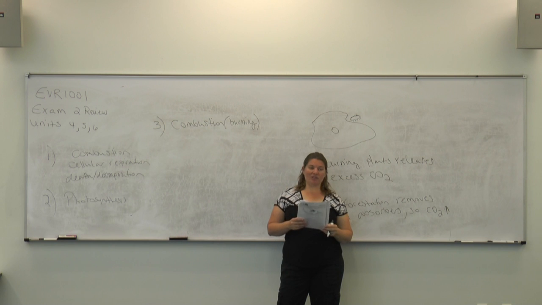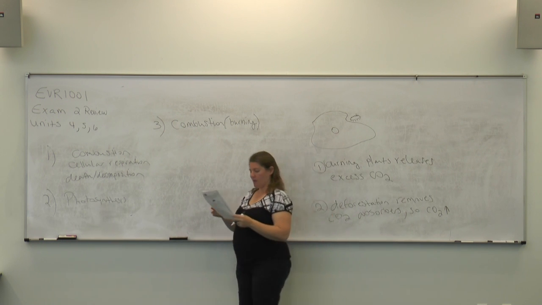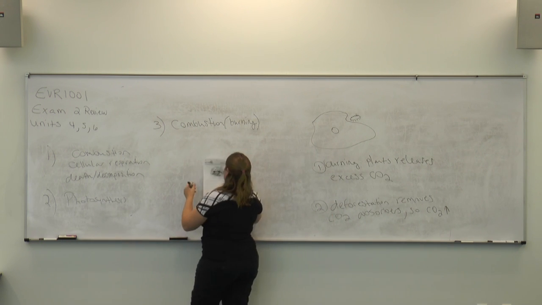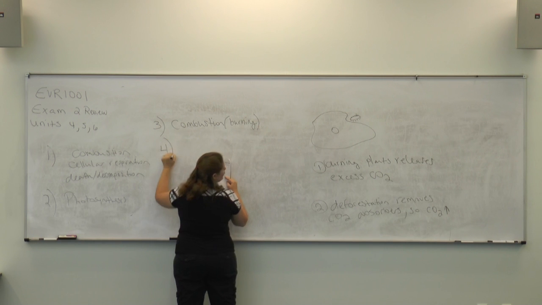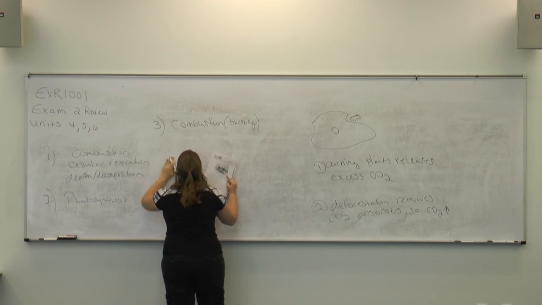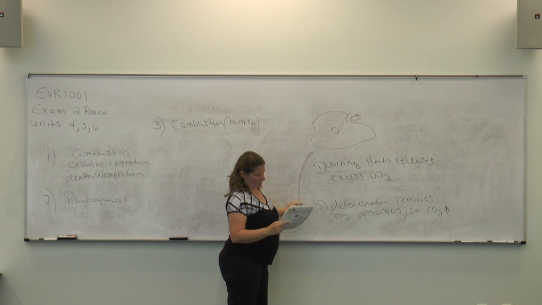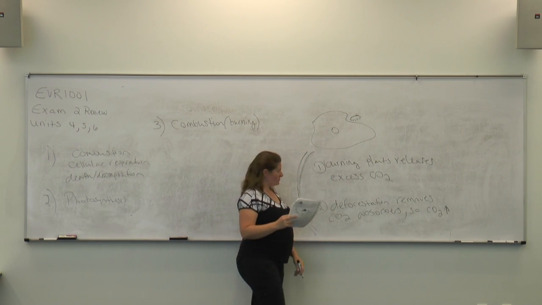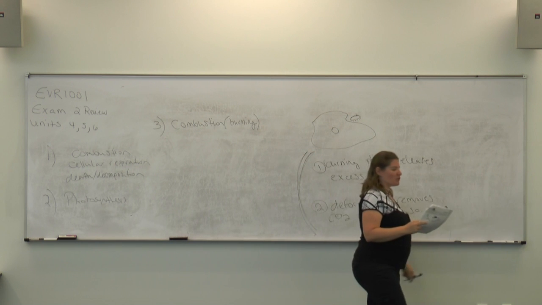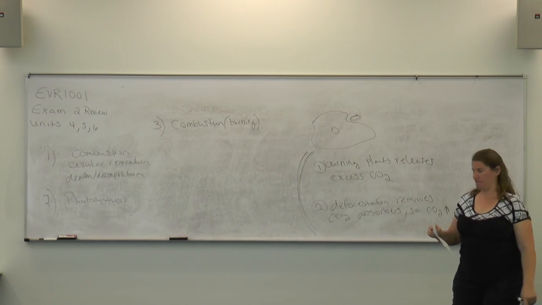Number 4, here's that same question that we talked about on that last worksheet, something that I like to ask as extra credit. Explain how the cutting down of trees affects the carbon dioxide cycle. We already talked about this, right? If you cut them down, then there's less trees to remove the carbon dioxide.